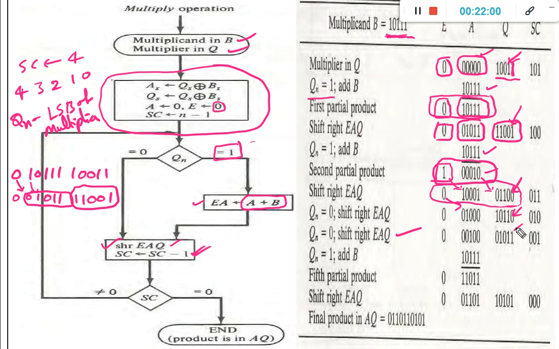Now Qn is 1. Because Qn is 1, add the B value to the intermediate product. The intermediate product is 0 0 1 0 0. Add 1 0 1 1 1 to that, then you are going to get this value.